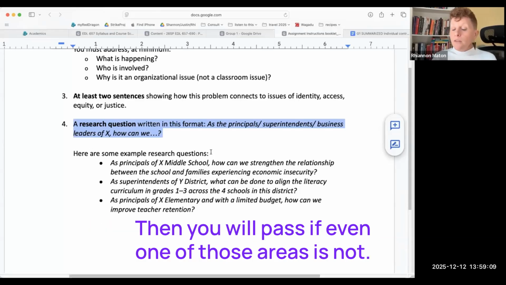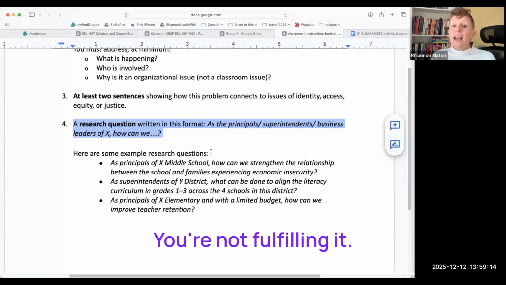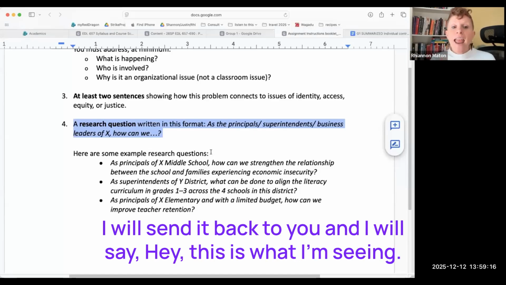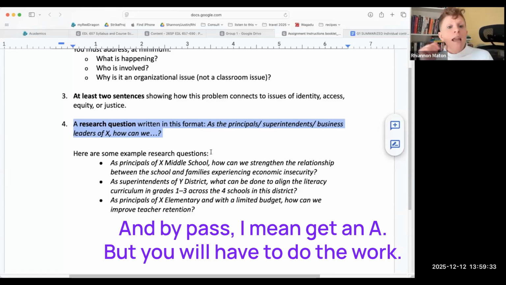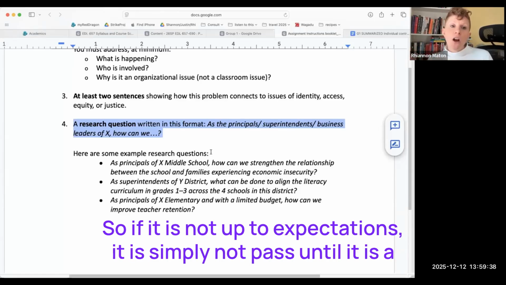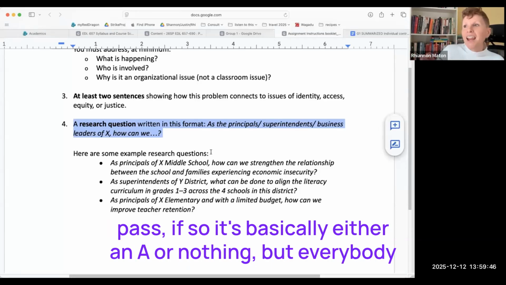If even one of those areas you're not fulfilling, I will send it back to you and I will say, "Hey, this is what I'm seeing. I expect everybody to pass in this course." And by pass, I mean get an A, but you will have to do the work. So if it is not up to expectations, it is simply not pass until it is a pass. So it's basically either an A or nothing, but everybody gets to an A.